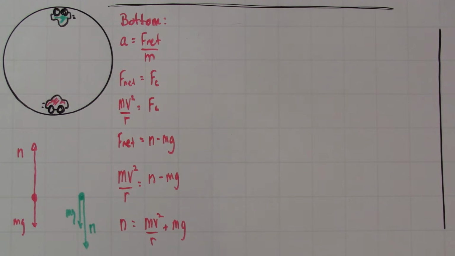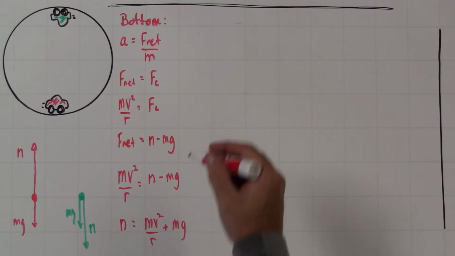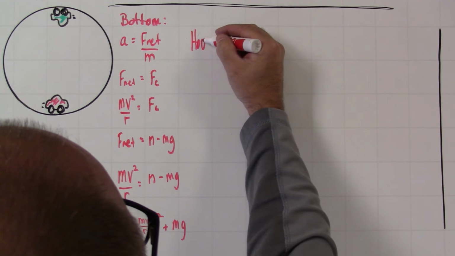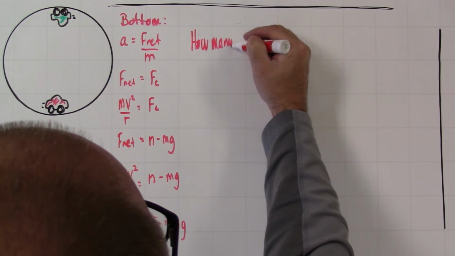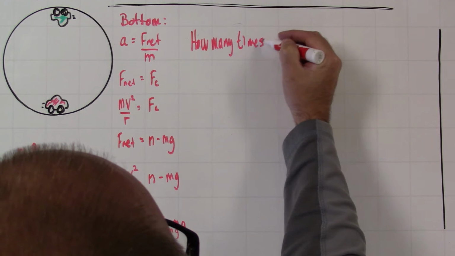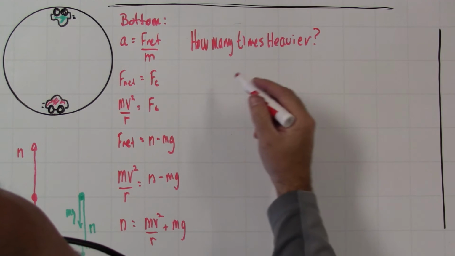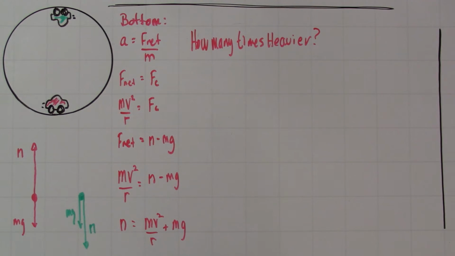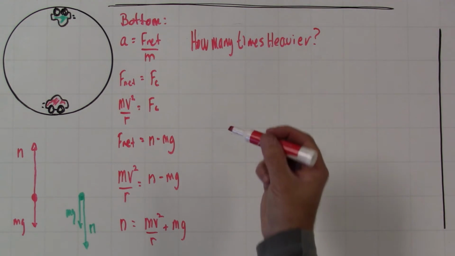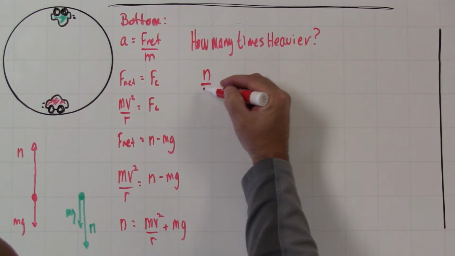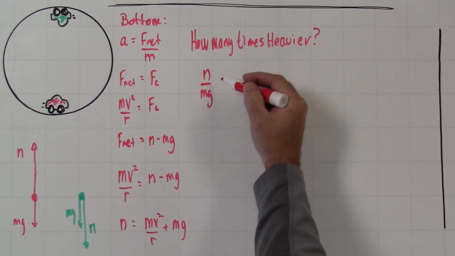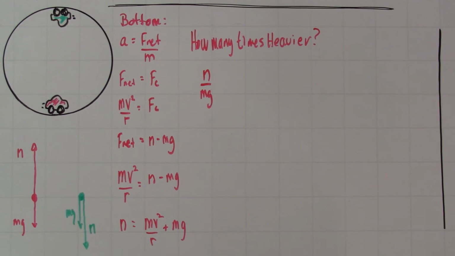And if I want to find out how many times heavier he feels, we always compare the force that the road supplies, or in this case, it's the seat on him, compared to his weight. So again, how many times heavier? You do normal divided by the weight, and that gives you your answer, how many times heavier.